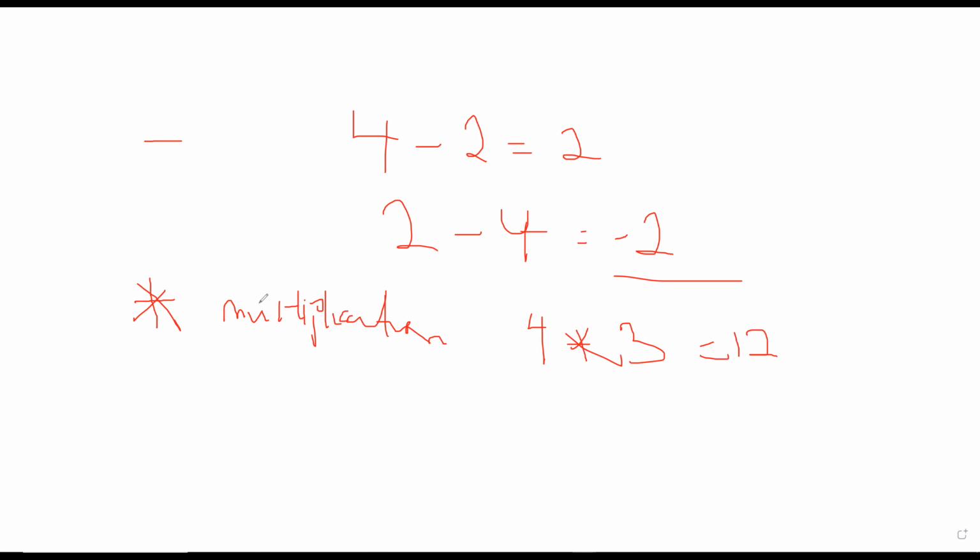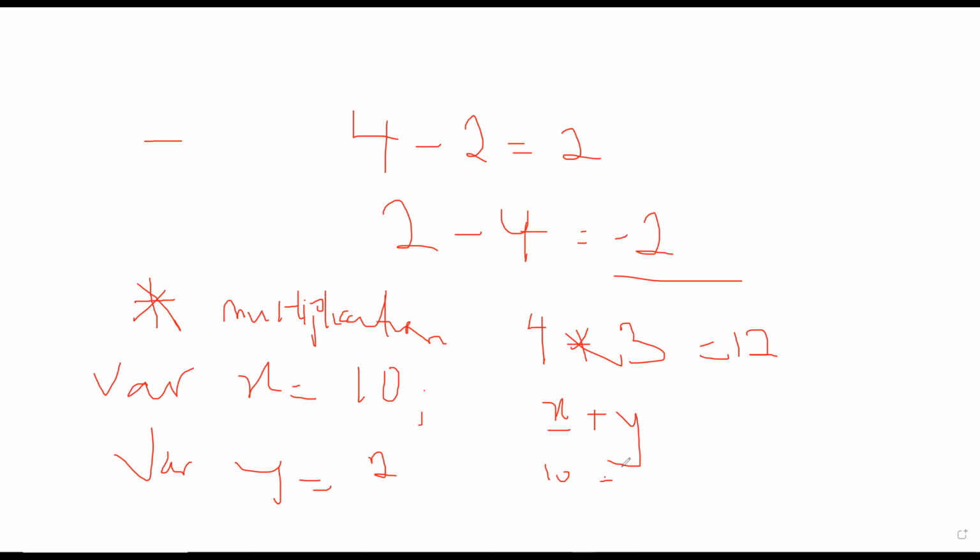So that simply means that if I declare a variable x containing 10, and I declare another variable y containing 2, and I do x plus y, my typing x here, I'm calling the value inside. So 10 will be here, plus 2 will be here. So I have 12. If I do x asterisk or multiply by y, I'm doing the same thing, which is 20.